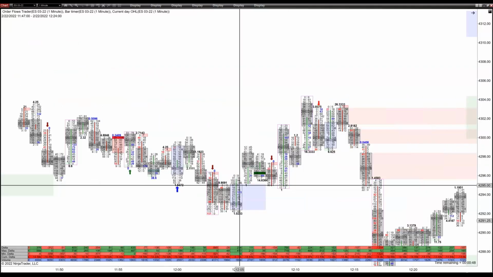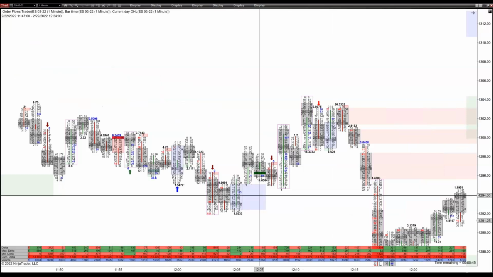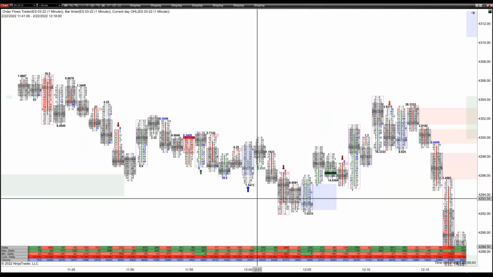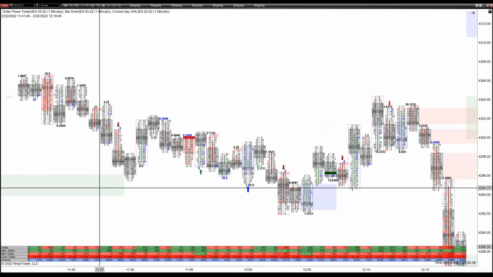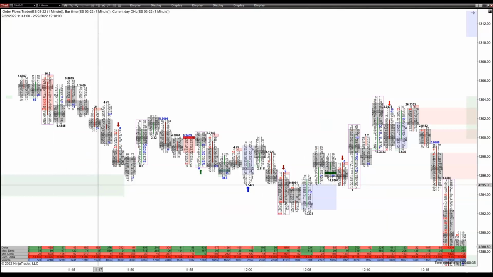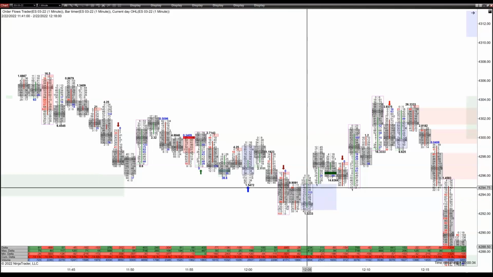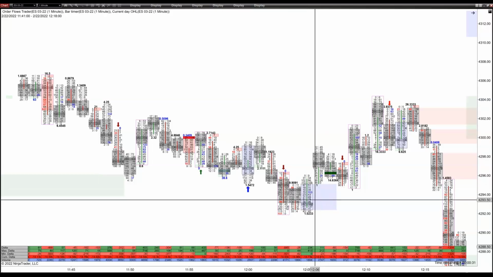Then you get down here, now you have a bullish EVA. That's why it's blue color, right? The normal value area will be green if it's bullish. If it's a bullish EVA, excuse me, it'll be blue.